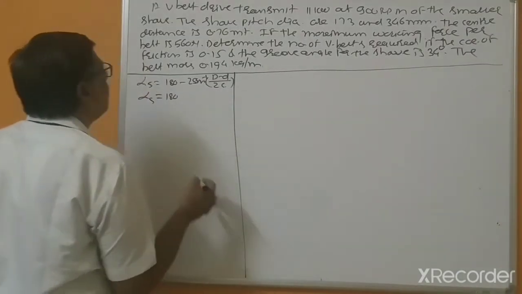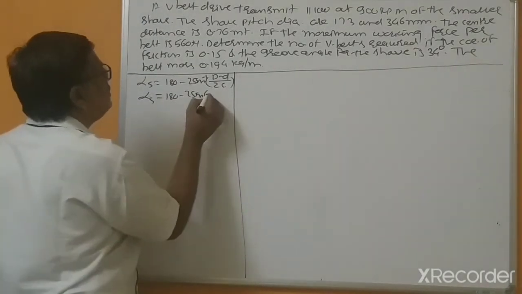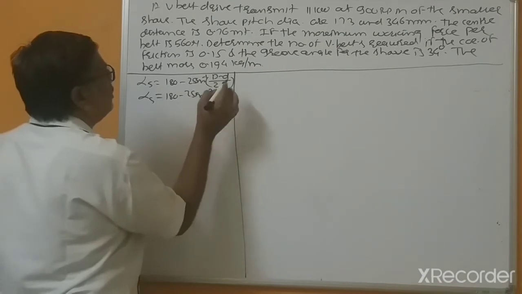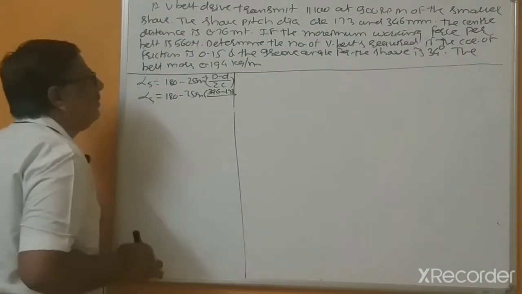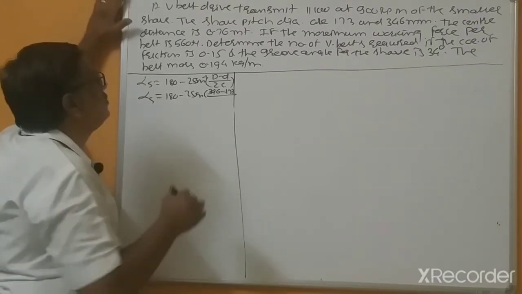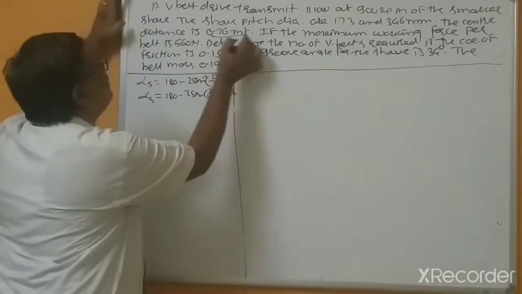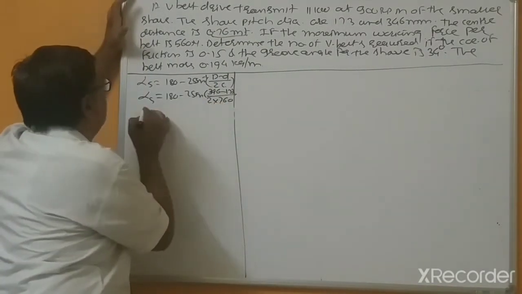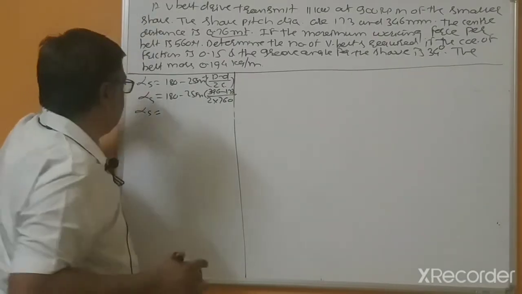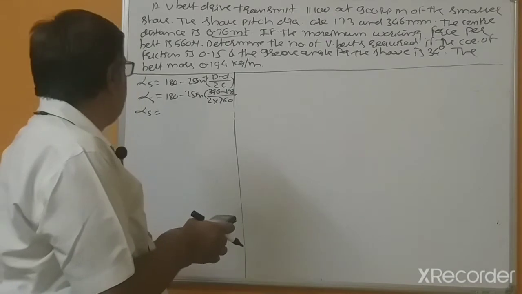180 minus 2 sine inverse. Capital D is 346, small d is 173, and the center distance is 760, since 0.76 means 760. Alpha S is the wrap angle of the smaller pulley.